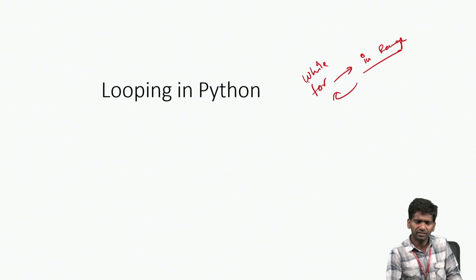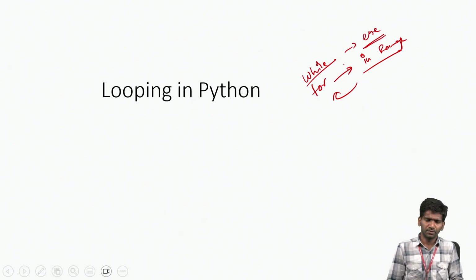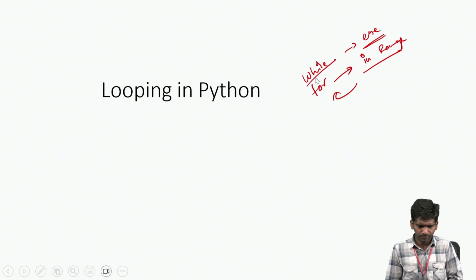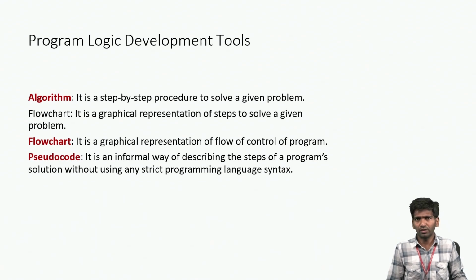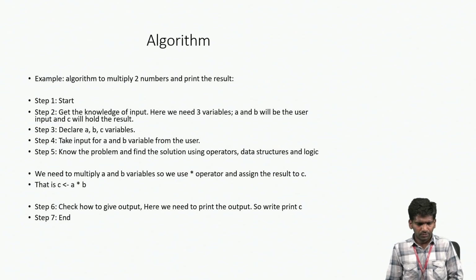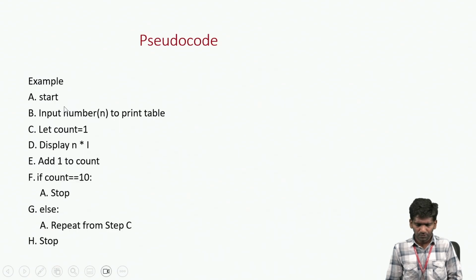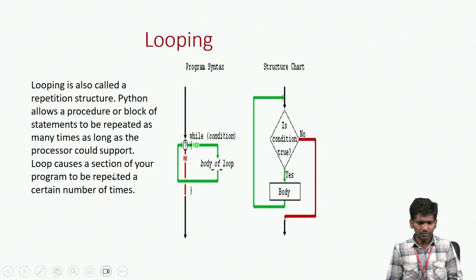Whereas in while it will be just a condition, and if possible we can use else statements also. These looping statements can be studied with the help of an algorithm. First you frame an algorithm for a problem, then you implement a flow chart.